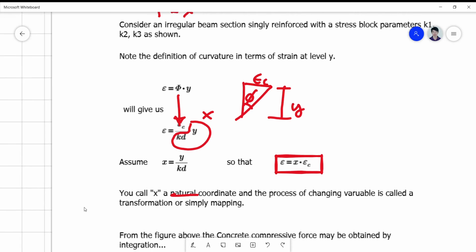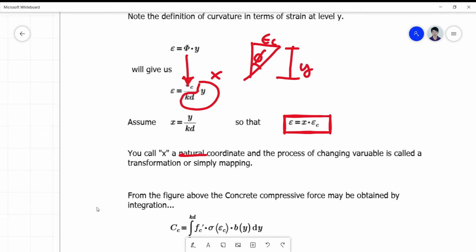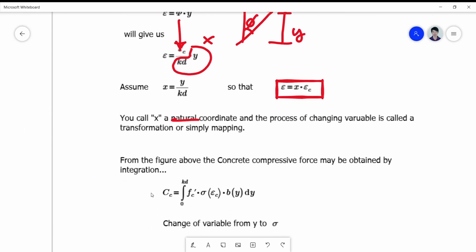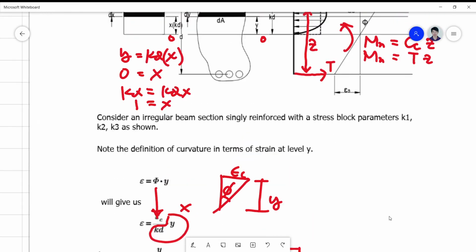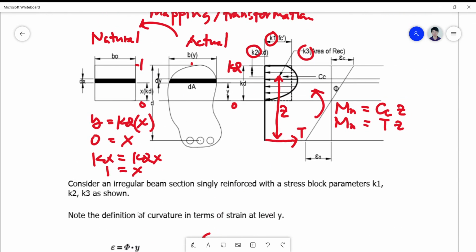Okay? So, from the figure above, the concrete compressive force may be obtained by simple integration. Okay, so this, I may now integrate this area or volume if I will multiply it by the width. Okay, so this is simply Cc. So I just get the differential strip here.